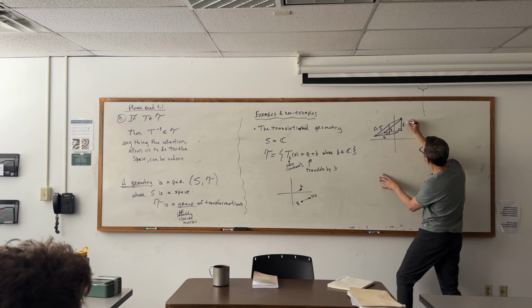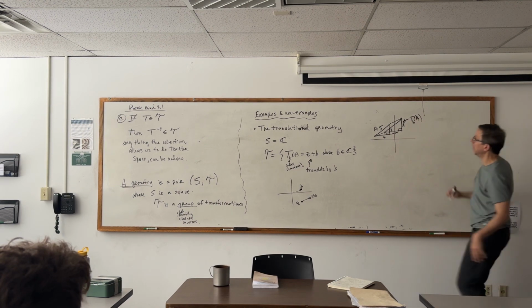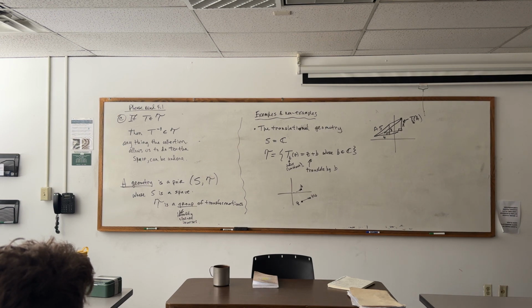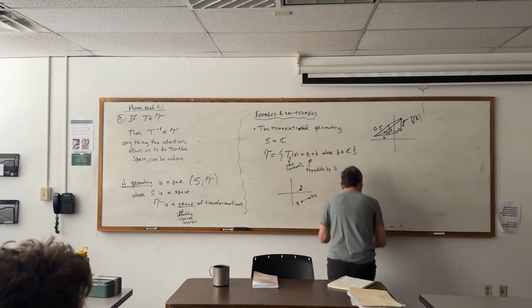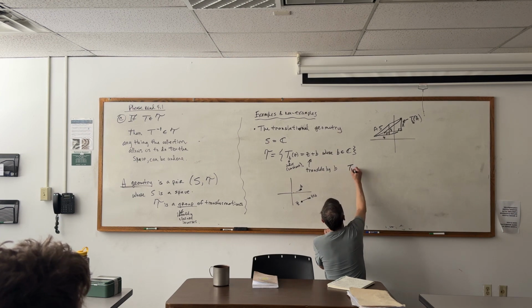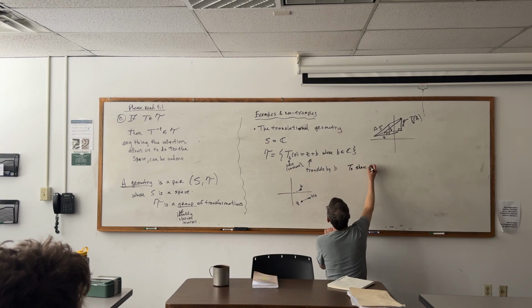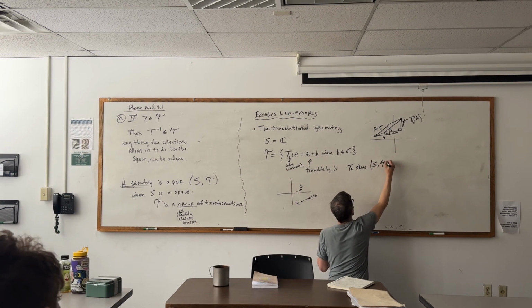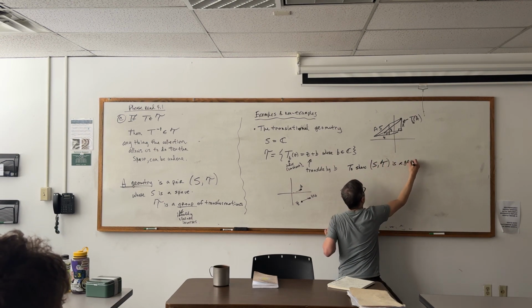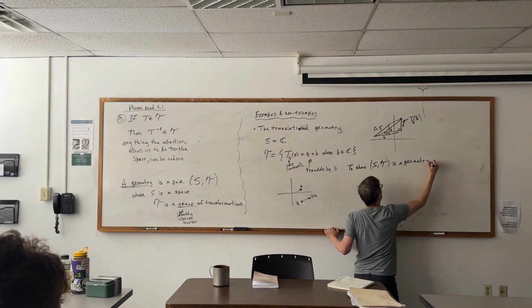That starts to get a little messy. But this is T sub B of A. I should have used color. That looks bad. But I hope it makes sense. If it doesn't, let me know.